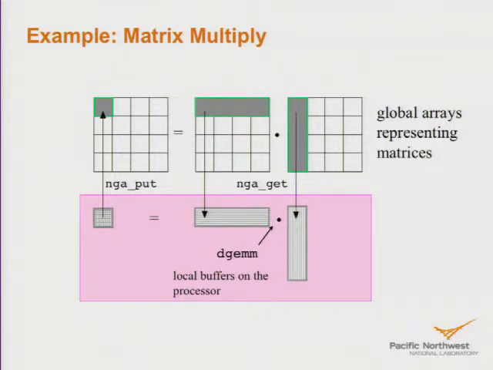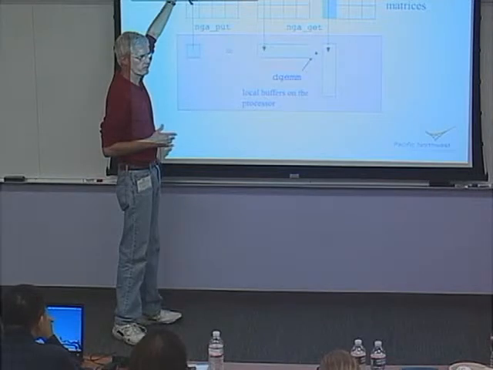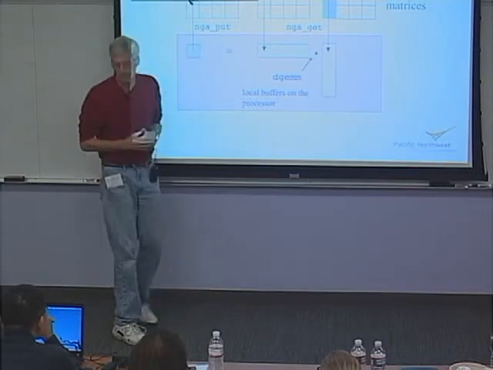So you grab the row block and column block, copy them onto your process, do just a serial matrix multiplication. You get the product matrix, looks something like this, and then you can just copy it back into the product global array, and you're done. So that's simple. It's not terribly scalable. It's not a real smart algorithm.